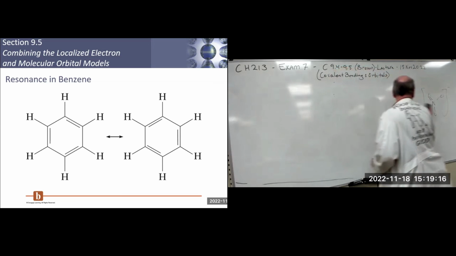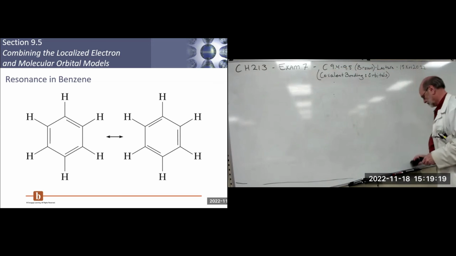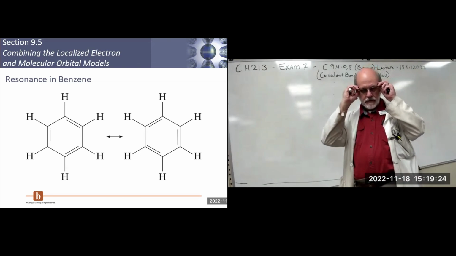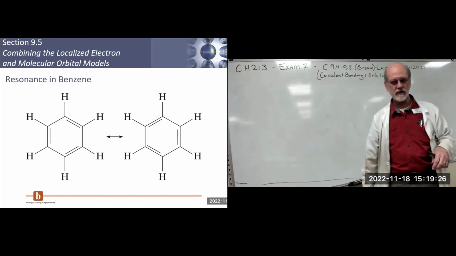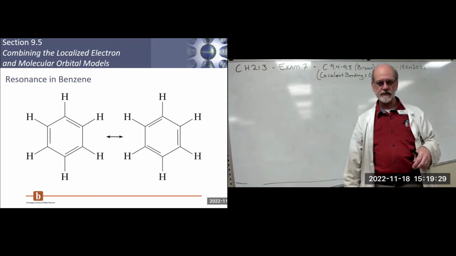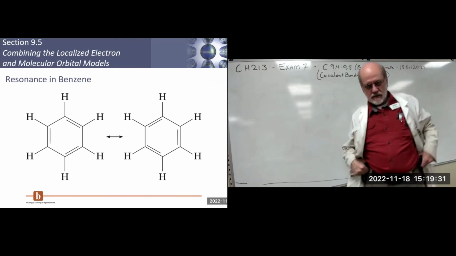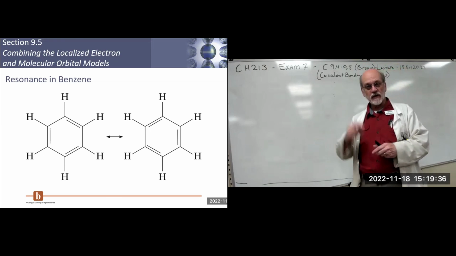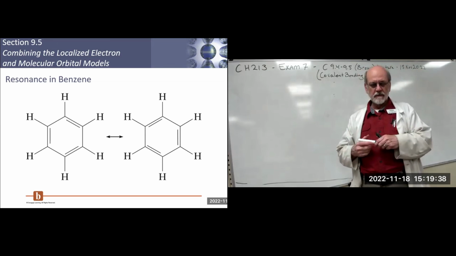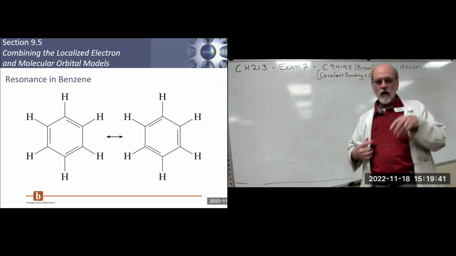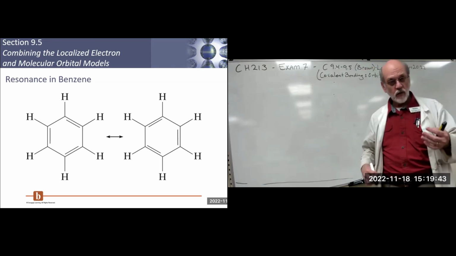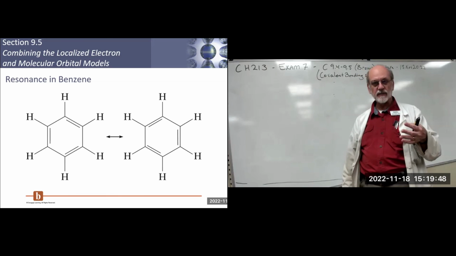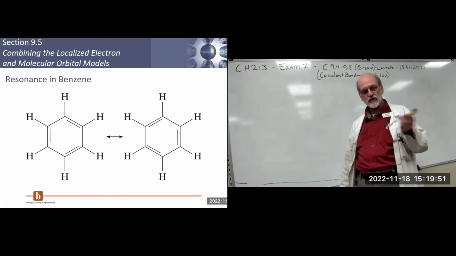This molecule is called benzene. Benzene has been identified as a fairly significant carcinogen, so its use is limited and regulated. But for our purposes, we don't have to deal with it. We can just look at its structure. So the benzene molecule, if we draw it with the localized electron model, we have to draw it with these double bonds and single bonds in place and resonate between the two possibilities.